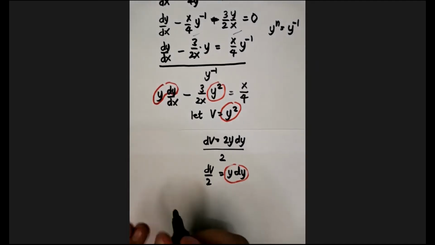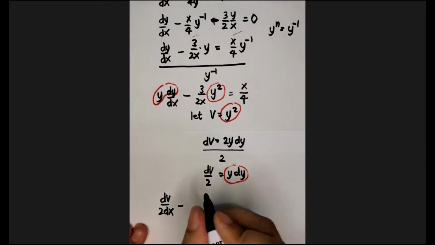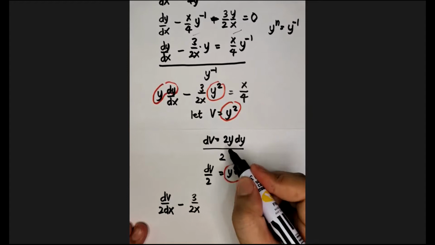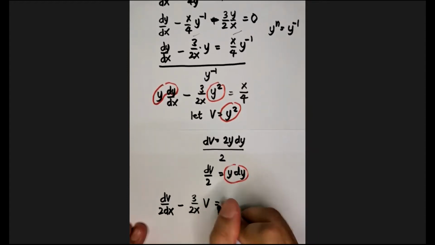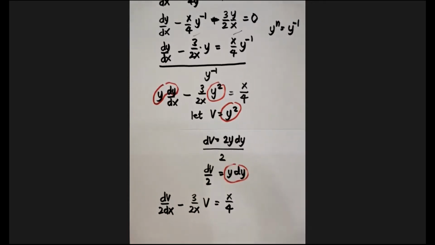So, we'll have dv over 2 dx minus 3 over 2x times v is equal to x over 4. Tama ba? So, i-distribute natin, isa-substitute natin to dito.